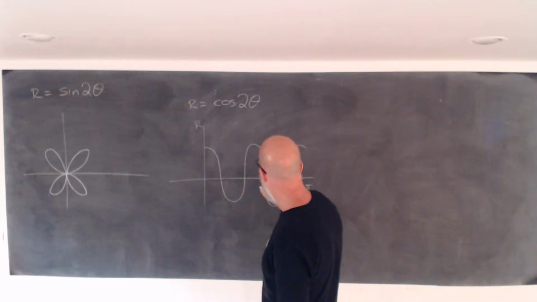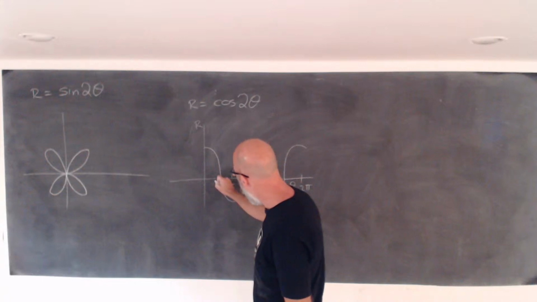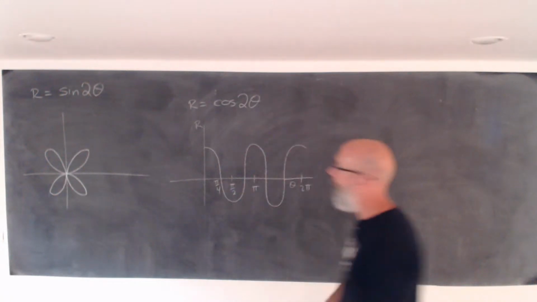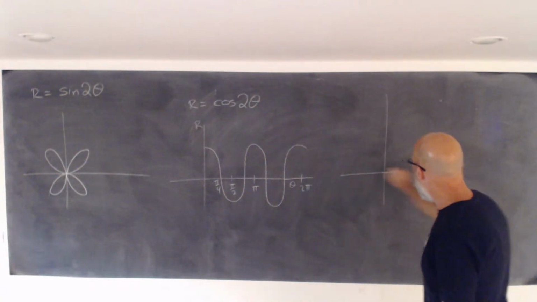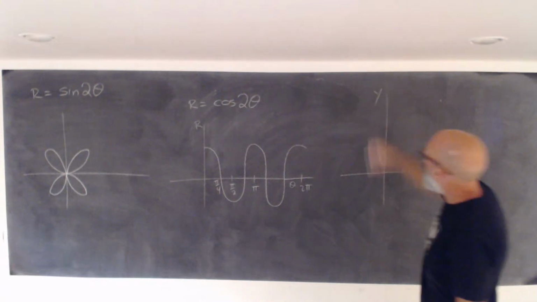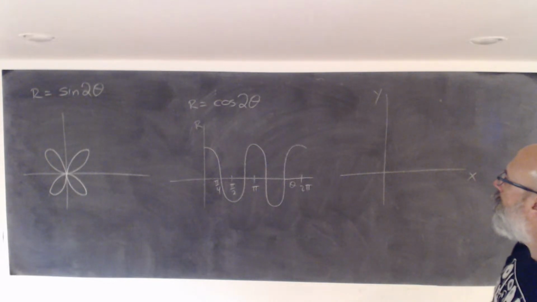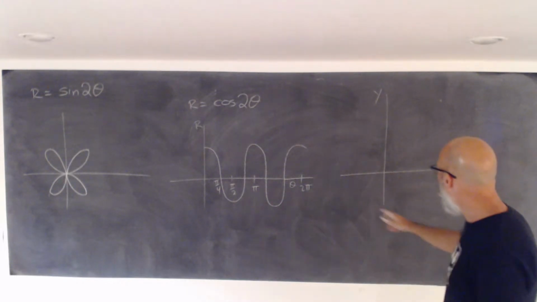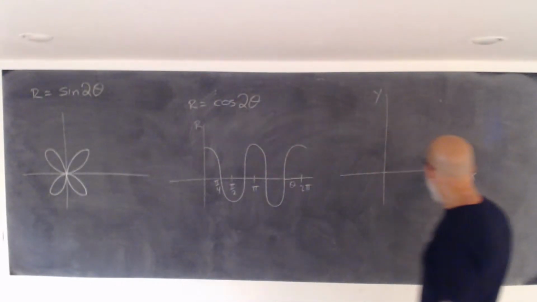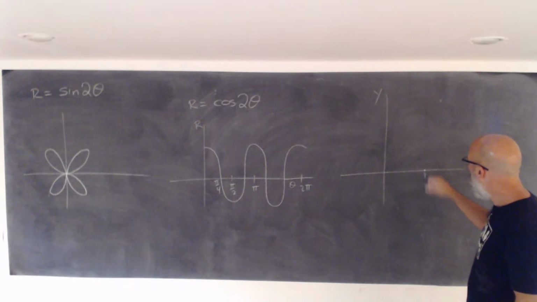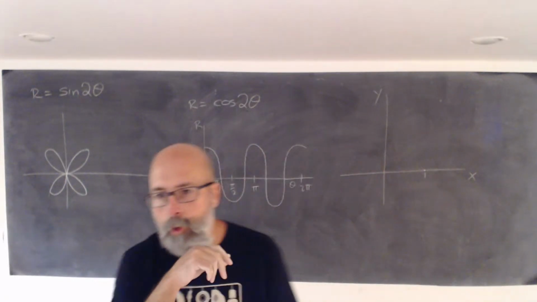So 2 pi, pi over 2, pi over 4. There it is. Let's graph it in the xy plane. What is happening? When theta is 0, cosine is 1, so you're starting a distance of 1 away from the origin.